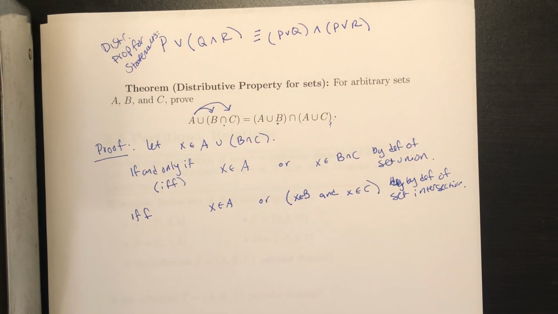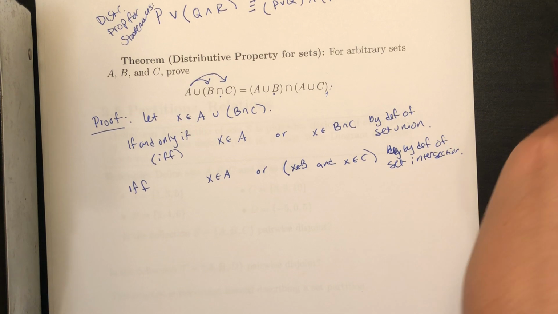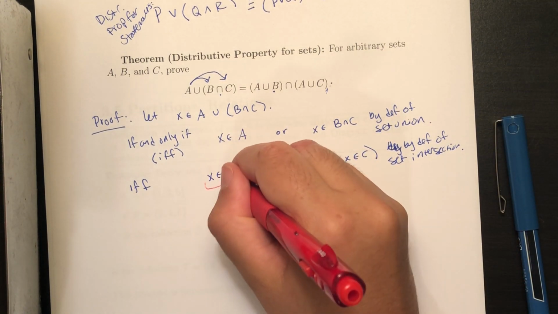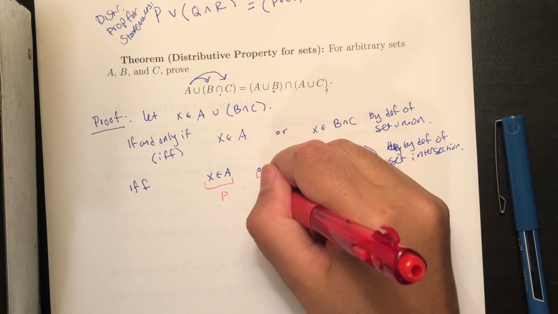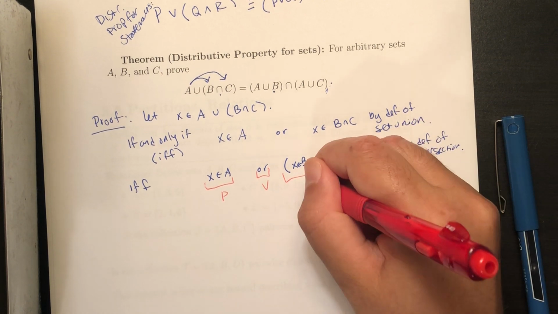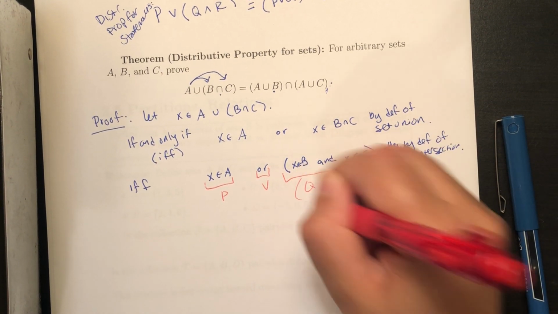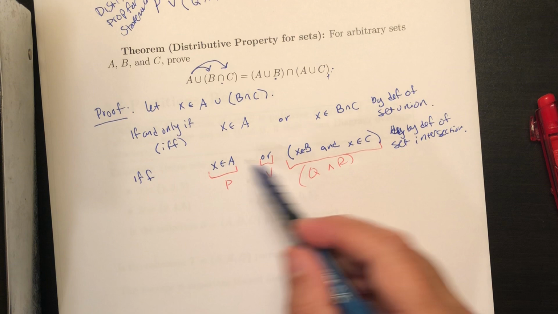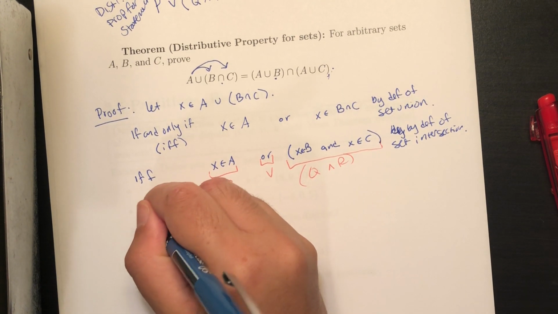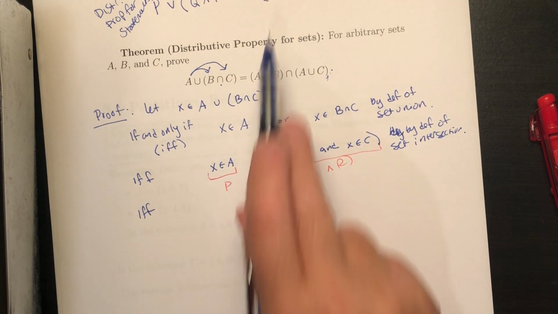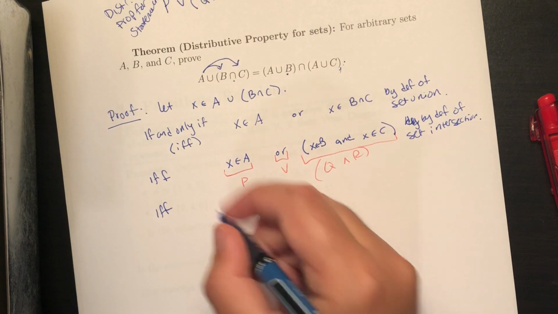I can apply that here because this is really a statement of the form P or (Q and R). And so this is going to be true if and only if P or Q is true.